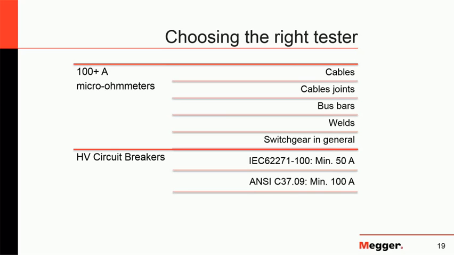Among their applications, we will have contact resistance in circuit breakers, and to take these measurements, we have to use a minimum of 50 amps according to IEC 62271-100, and a minimum of 100 amps according to ANSI C37.09. Again, those current values are the minimum values, and we can go up to the rated current of the circuit breaker.